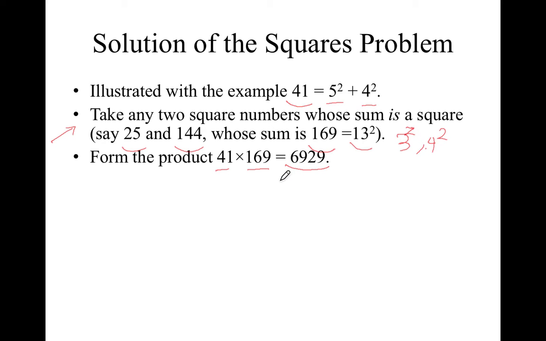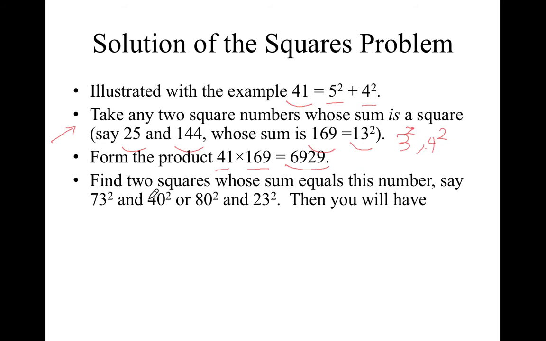Now, once we do that, we find two squares whose sum equals this number, all right? Equals what number? This number. And we learned how to find that. Actually, these are two pairs. This is another pair. In fact, using that notation that we had, we can write 5, 4, and for 169 we have 5 squared and 12 squared, which is 144.